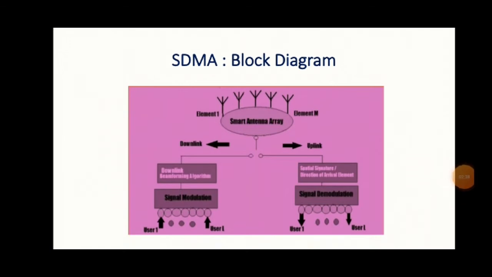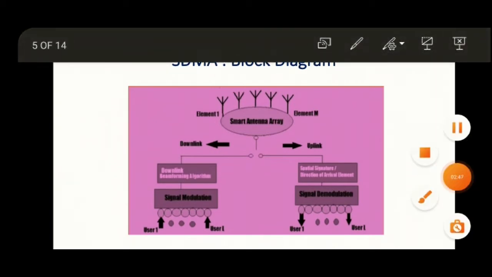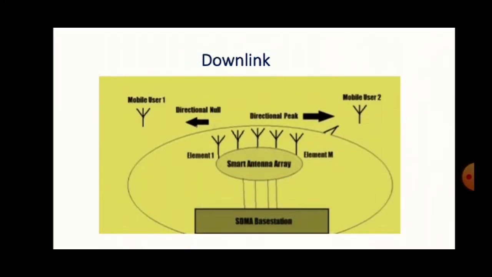This is the block diagram of SDMA. It consists of two links, the downlink and uplink. In the downlink, working upon two users, the smart antenna is operating in active mode, placing nulls in the radiation pattern toward the other mobile user.